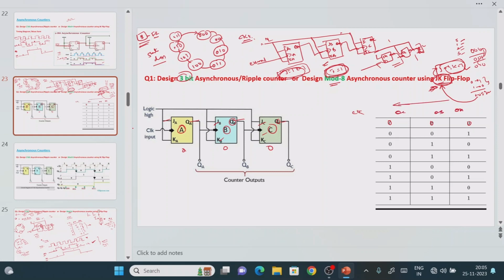We always need to take it like this, because for the first flip-flop it is the external clock pulse, right? External clock pulse means every time it will change from 0 to 1, 1 to 0, 0 to 1. See that here it is not changing every time from 0 to 1, 1 to 0. Here also it is not changing every time. But here, if you observe, it is changing 0 to 1, 1 to 0, 0 to 1, 1 to 0.